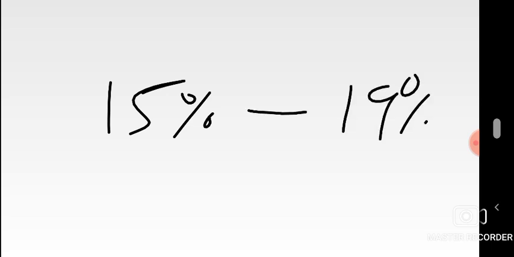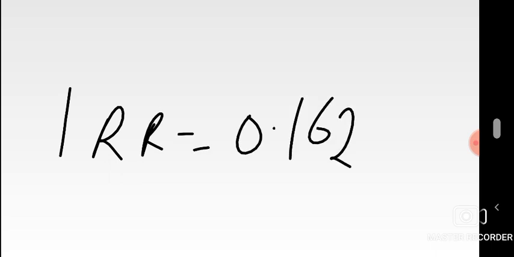Pick these 2 rates, 15 and 19, and just see what IRR you will land with. Definitely this one will give you a negative NPV, and this one we already know is positive. That's the criteria we work with. We put it into that formula again. When I did that with 19, I'm getting an IRR rate of 0.1628, rounding off to 4 decimal places.